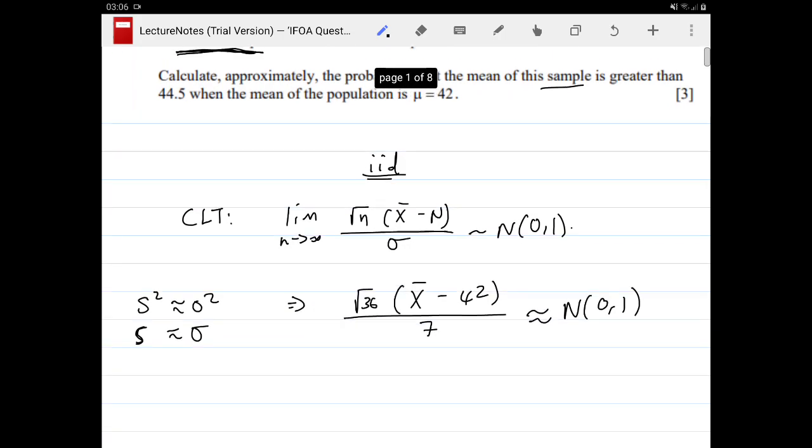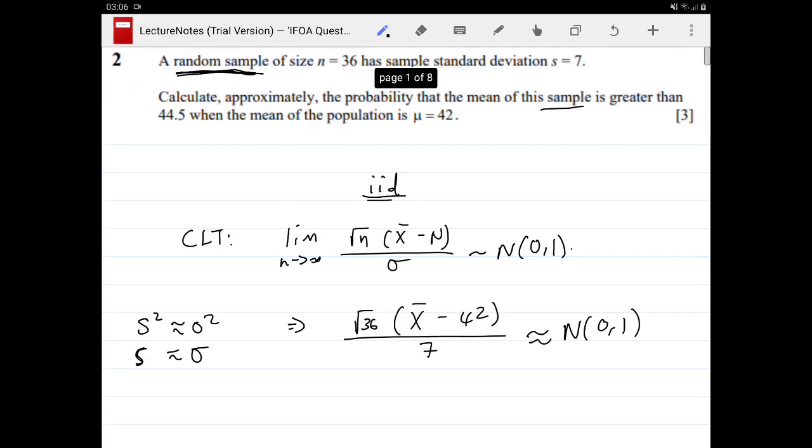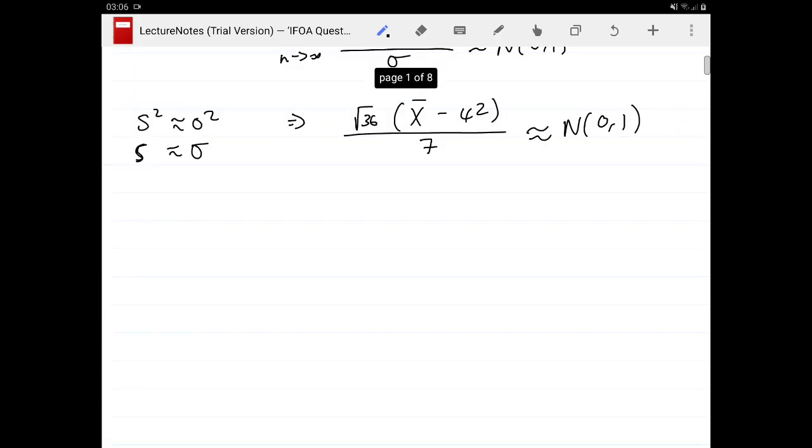The other approximation that we can do is to make an assumption about the distribution of our data. We haven't been given any information about the distribution of the data, but if we assume one, this is where your judgment call comes in on an exam question, depending on how you want to answer it.